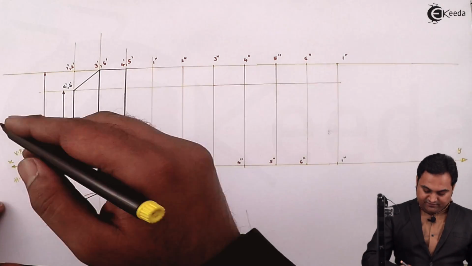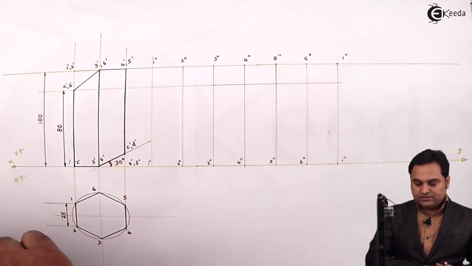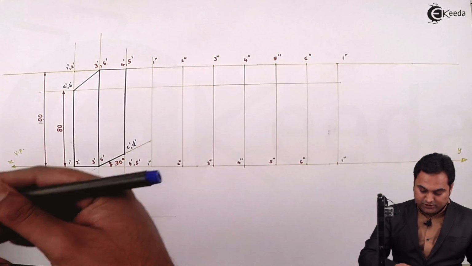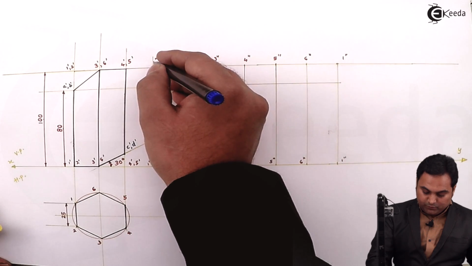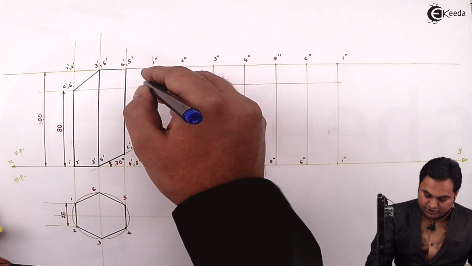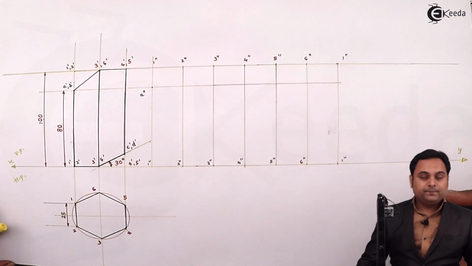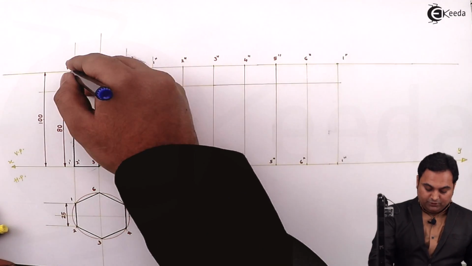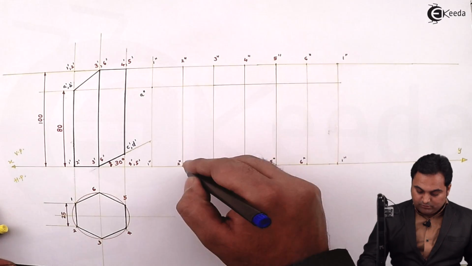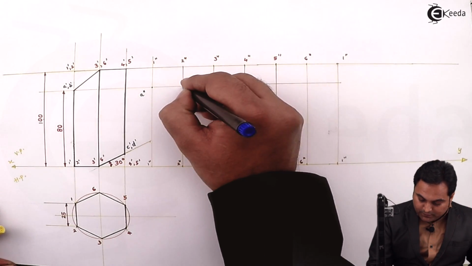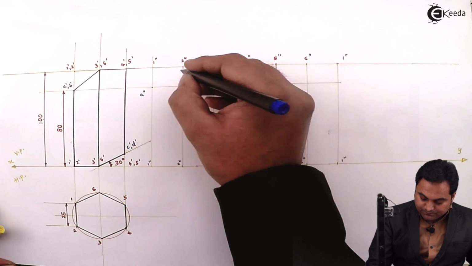Now I'll say where it is cutting 1 dash 1 dash, that will represent point A dash for us. So here it is cutting 1 double dash 1 double dash at this location, so that is going to give me the point A double dash. Then where it is cutting 2 dash 2 dash, 2 double dash 2 double dash, I'll say that it is point B double dash.